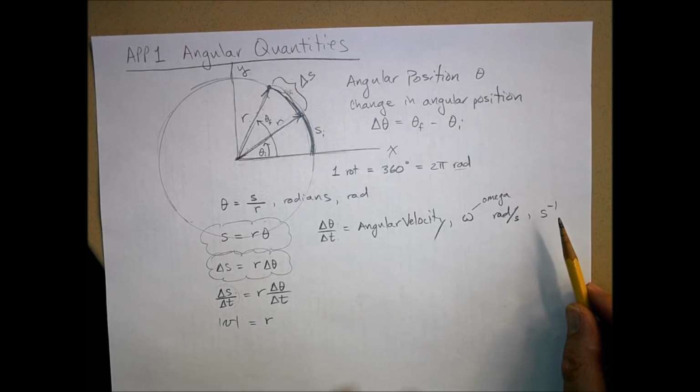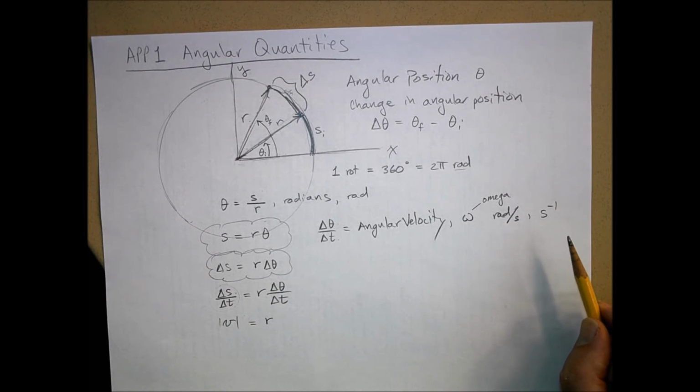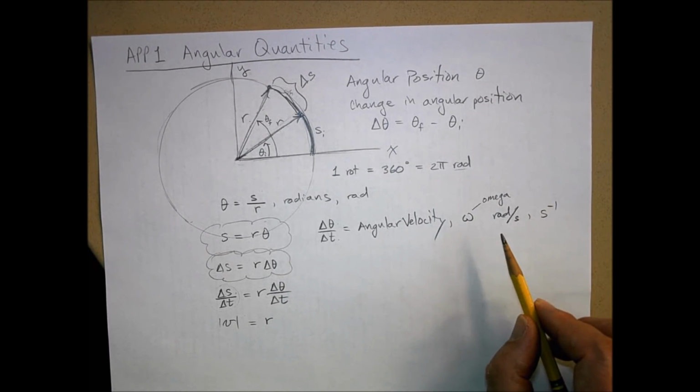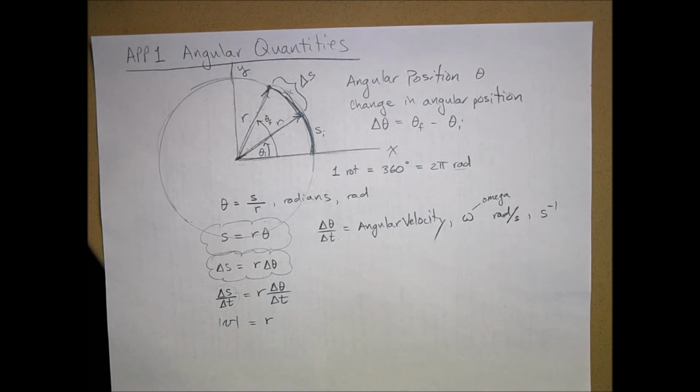Well, 1 over s is equal to s to the negative 1, right? Remember that from math? And so you'll see it like this. I always write it like this, radians per second, because I know radians is dimensionless, but I like to see that. And it looks more like meters per second, but it's radians instead of distance. Okay.